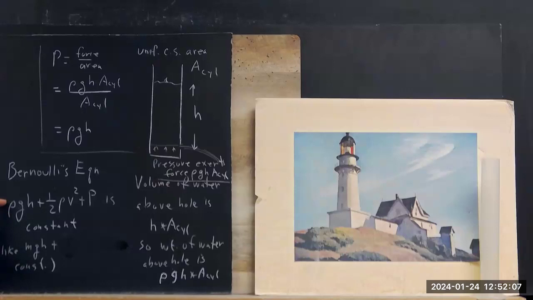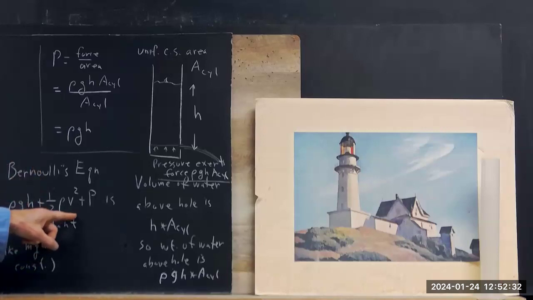Well, rho is just your density, which is your mass per unit volume. So rho is M over V. So if I multiply everything in this equation by V, by a volume, I get mgh, and I get 1/2 mv squared, don't I?